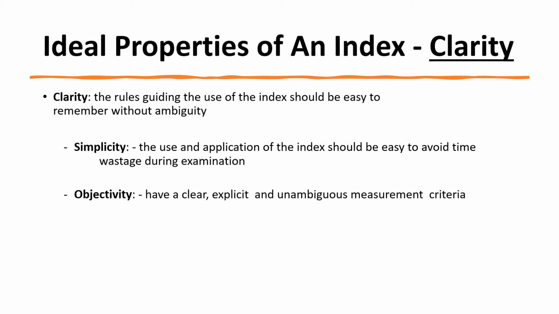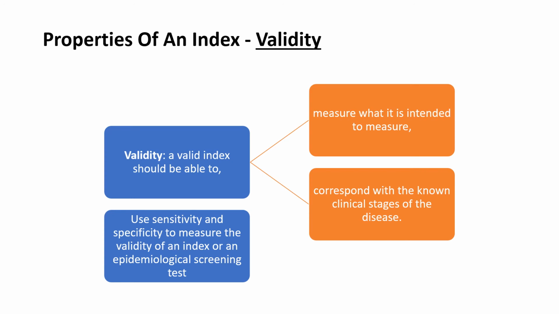So you don't want to start doing conversions and so much arithmetic in trying to figure out what you are seeing in the patient's mouth. Objectivity. It should be clear, explicit, straightforward, no ambiguity. Once you learn the criteria, you understand it, and you can apply it at any time. So that is clarity as an ideal property of an index.